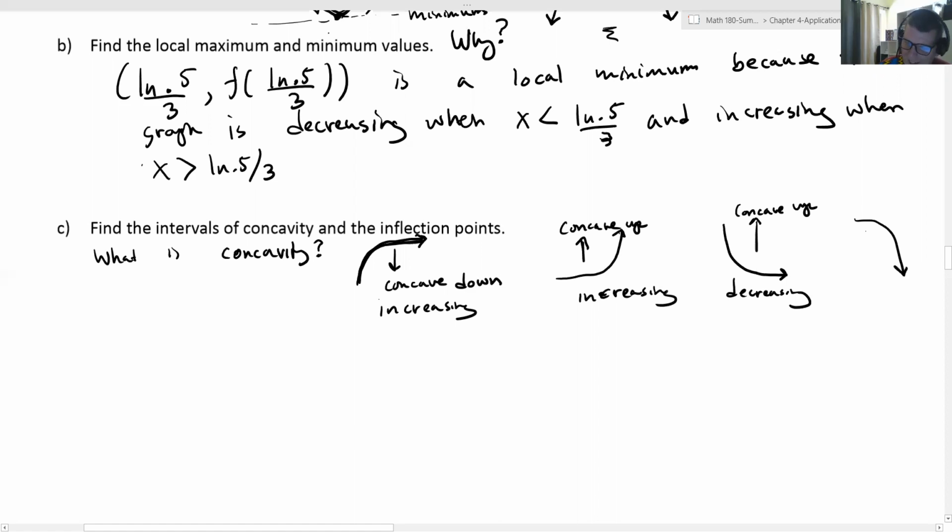And that is concave down and decreasing. So they're both qualities. You have to consider both qualities. You'll have its concavity, and you'll have whether or not the function is increasing or decreasing at that point, unless it's equal to 0, which we'll talk about when we talk about the second derivative test.